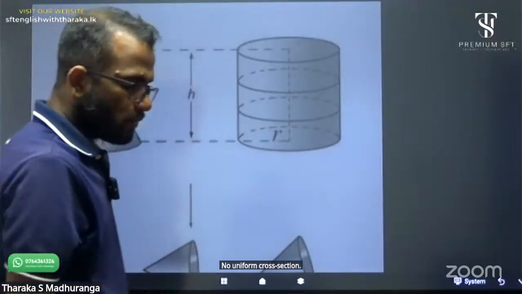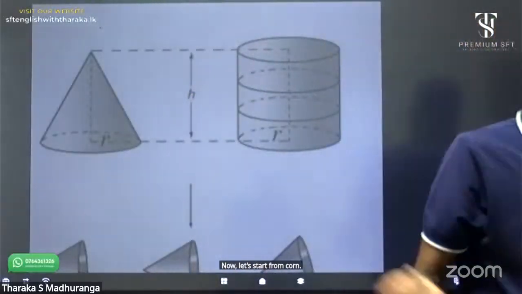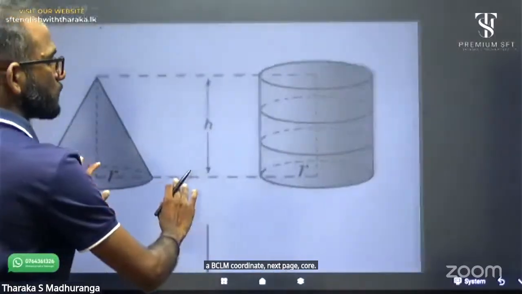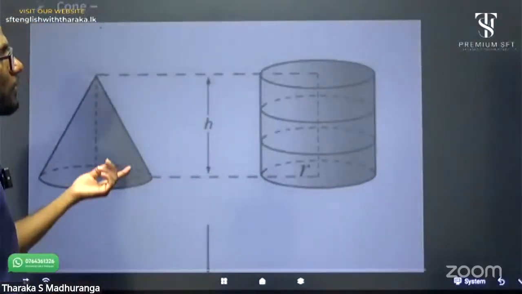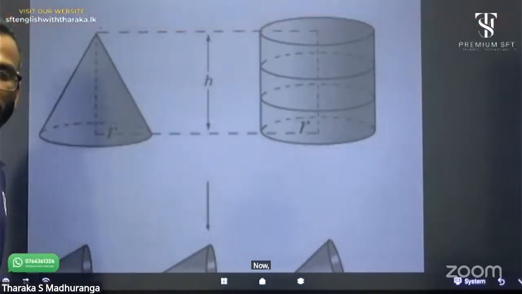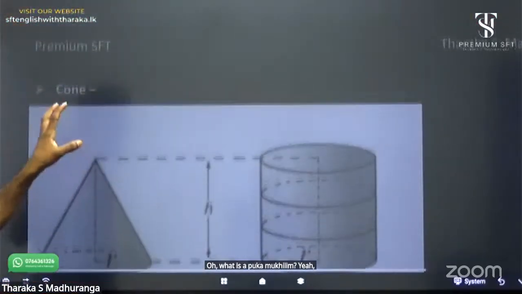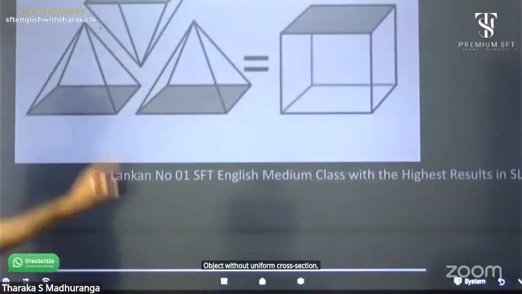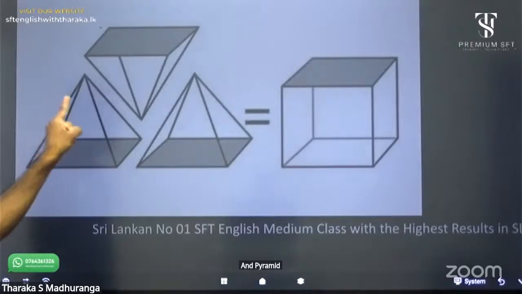Now let's start from cone. Cone, next page. Remember, cone is an object without a uniform cross section, and pyramid also has no uniform cross section.